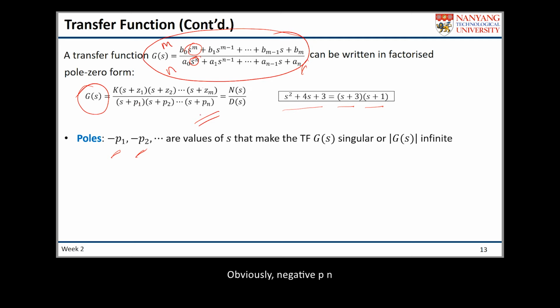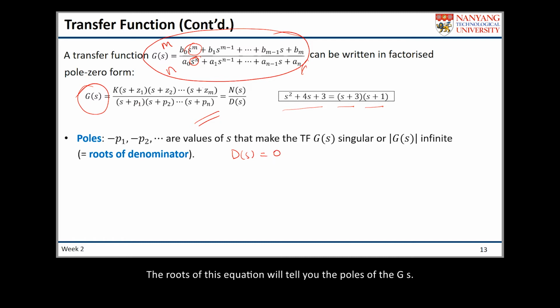Obviously, negative pn is also another pole of this Gs. Okay? So how do you find the poles of this Gs? You just have to find the roots of the denominator. Find the roots of this equation. The roots of this equation will tell you the poles of the Gs.